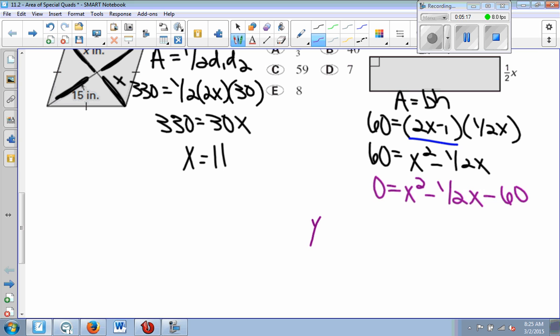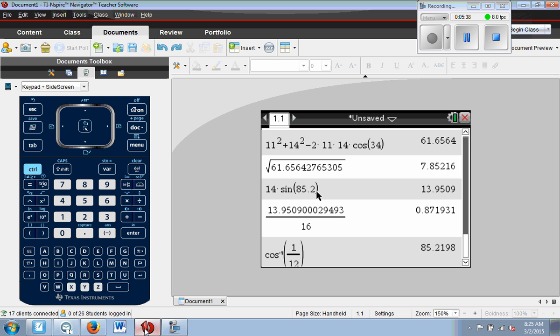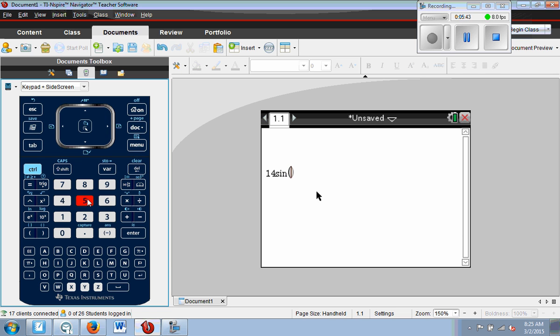So all I'm going to do is plug everything into quadratic formula. 1/2 plus or minus square root negative 1/2 squared minus 4 times 1 times negative 60 all over 2a, which is 2 times 1. So as long as you remember the quadratic formula, now all you have to do is plug all of that stuff in into the calculator. So I'm going to go to my calculator. Let me clear all this stuff.